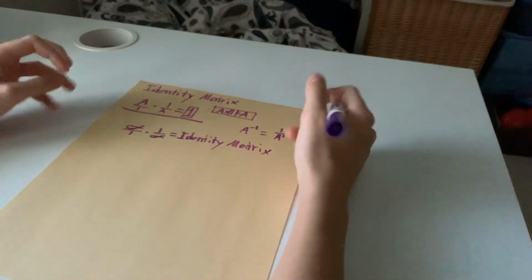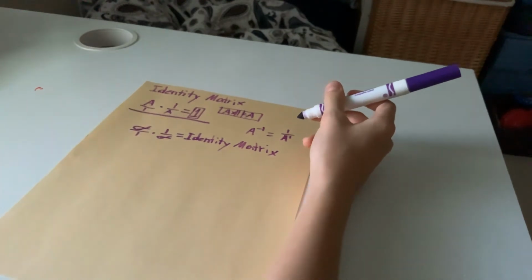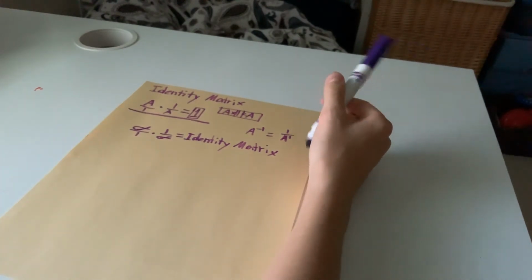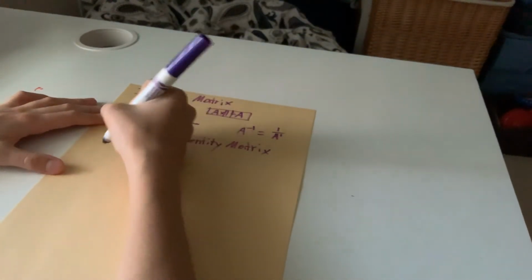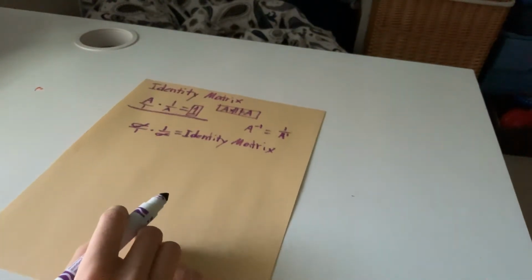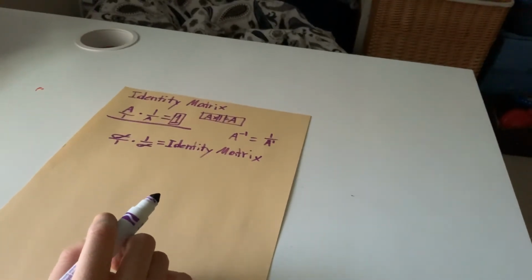So why don't I actually show you this mysterious identity matrix? Identity matrices are compatible with any square matrix, and again, a square matrix is a matrix with the same number of columns and rows.